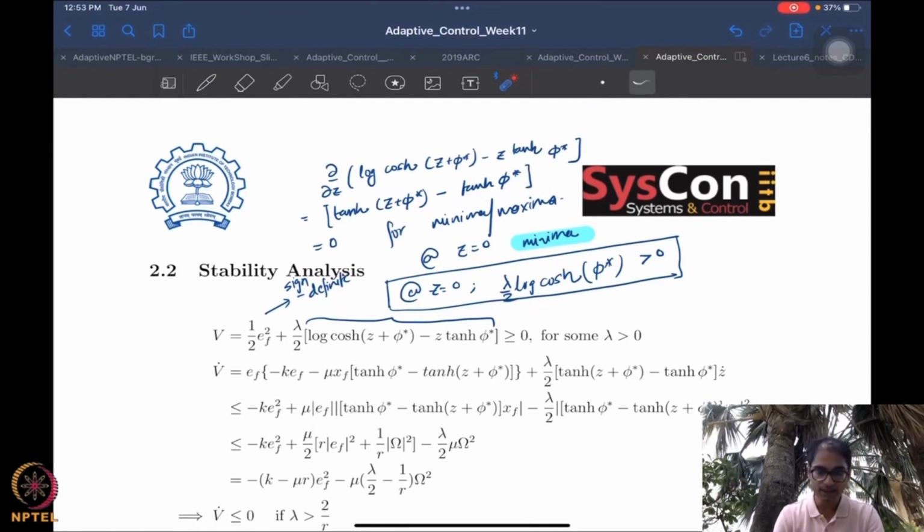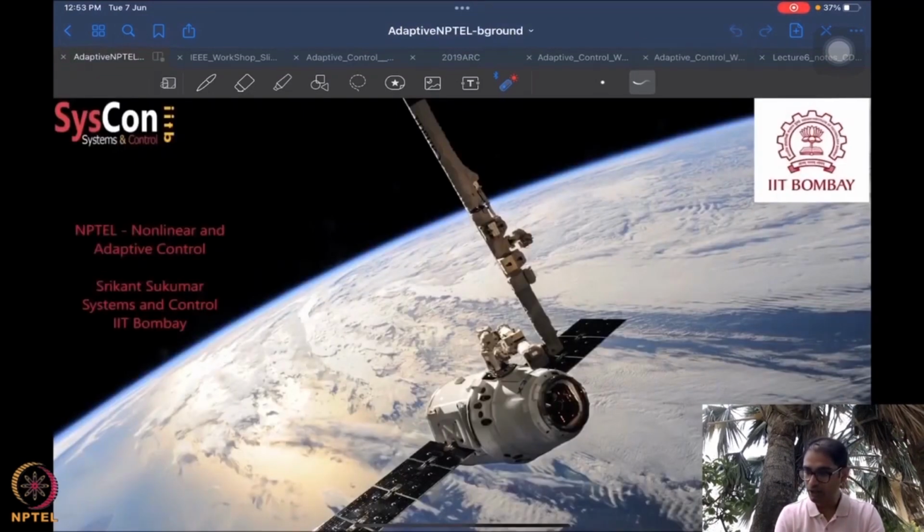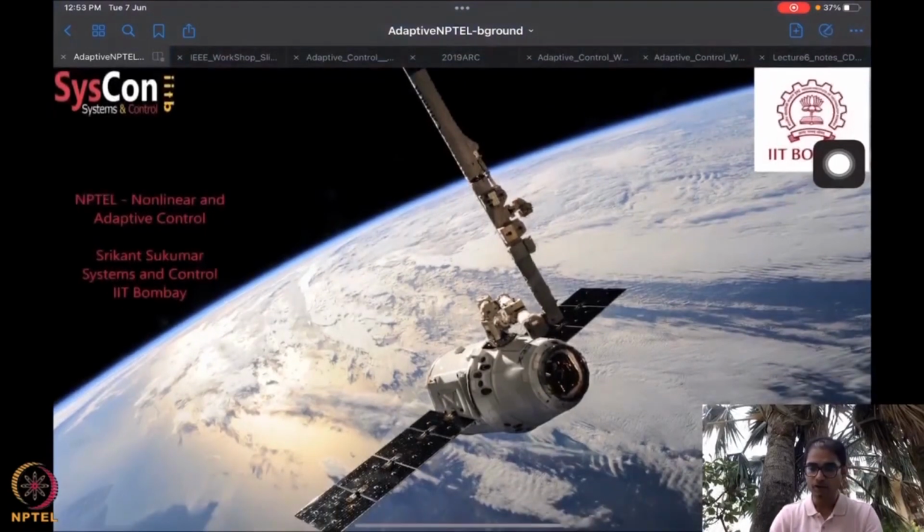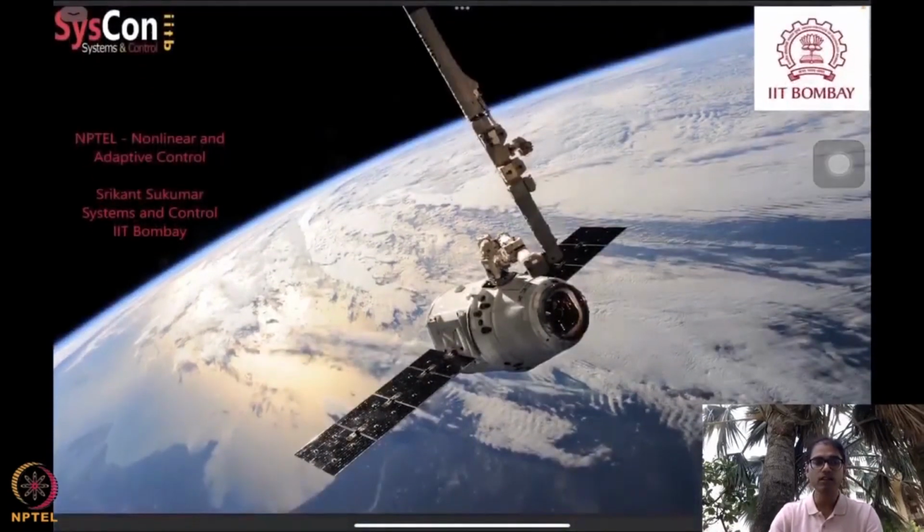Excellent. So what did we look at today? We have proceeded further towards the proof of this projection based adaptive control.